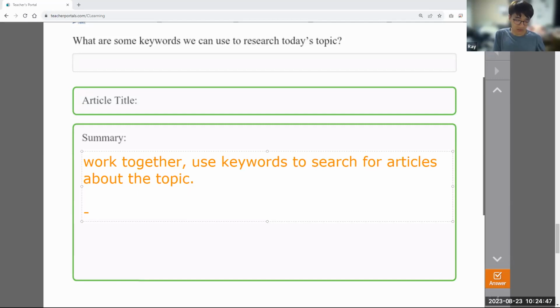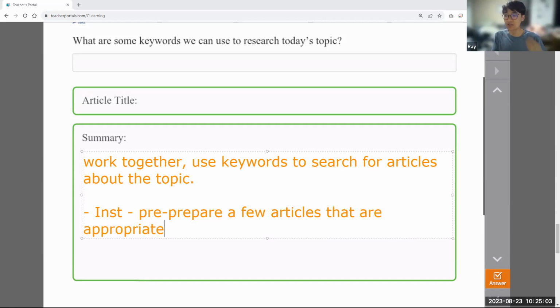Another thing that is actually pretty important: the instructor should pre-prepare a few appropriate articles, so that if students have a lot of difficulty researching or finding a top article about this topic, the instructor can provide it to them.